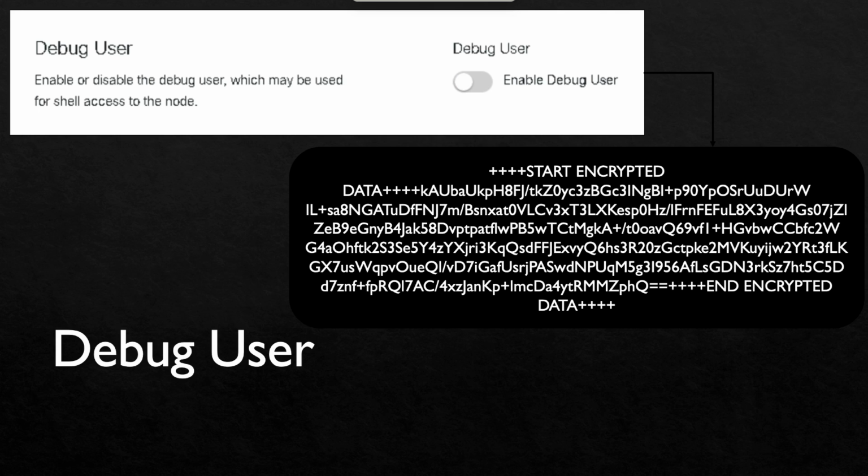If you enable the account, you can disable it at any time also, just by turning it off, and then they lose access. So you do have full control over that. Once it's enabled, an encryption hash will be generated, and you have to supply that encryption hash to TAC in order to generate a password and access the Video Mesh node remotely. Without that hash, even with it enabled, they can't get in.